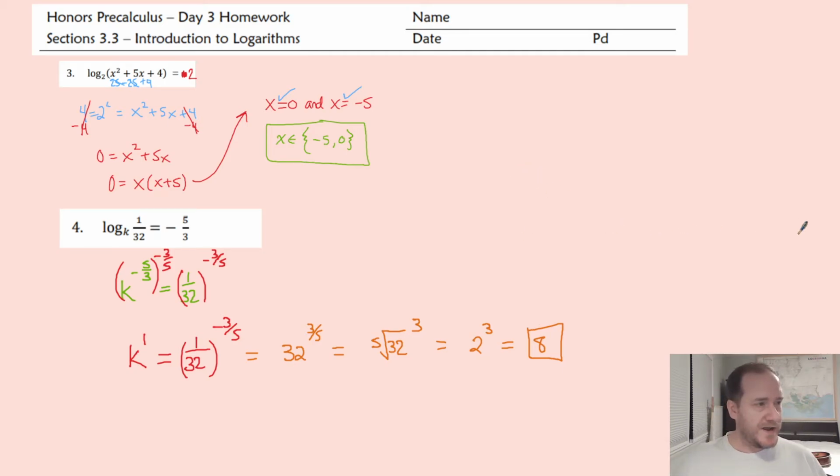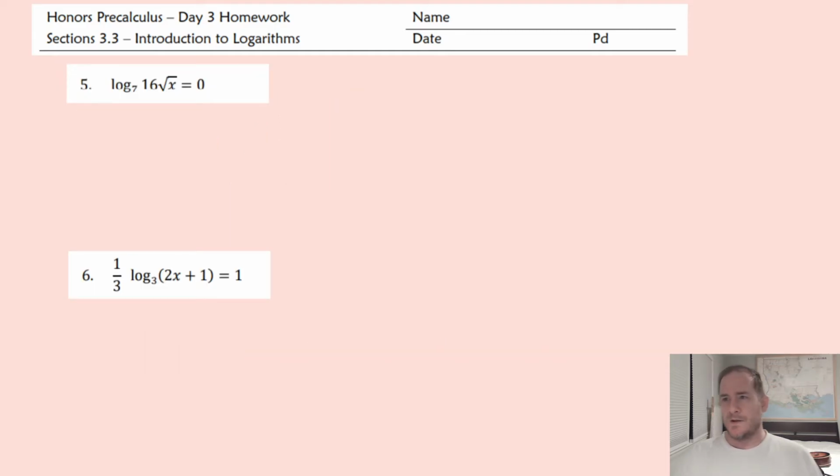Alright, hope you're catching on. Let's do 5. Guess what we're doing? Converting immediately to exponential, like everything else. So you take your base of 7 and you raise it to the 0, and you set that equal to 16 root x. So 7 to the 0 is 1. And you'd want to be dividing both sides by 16.